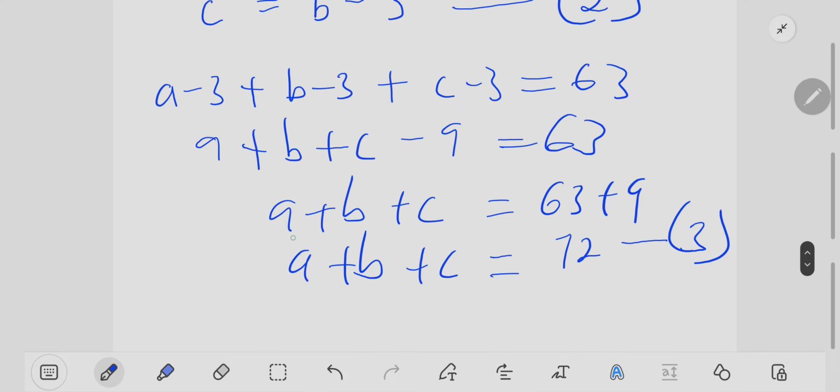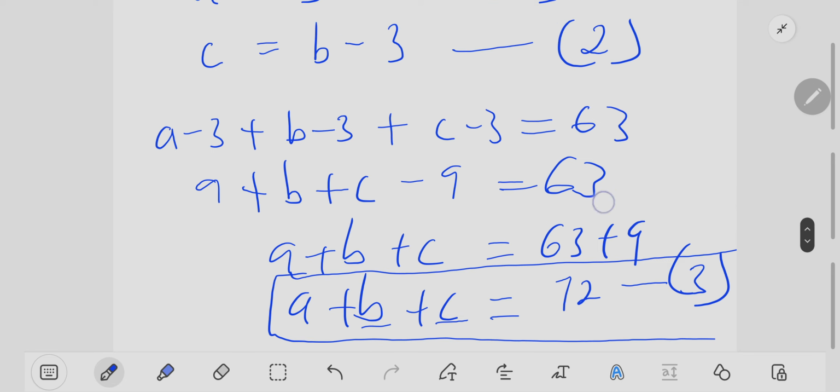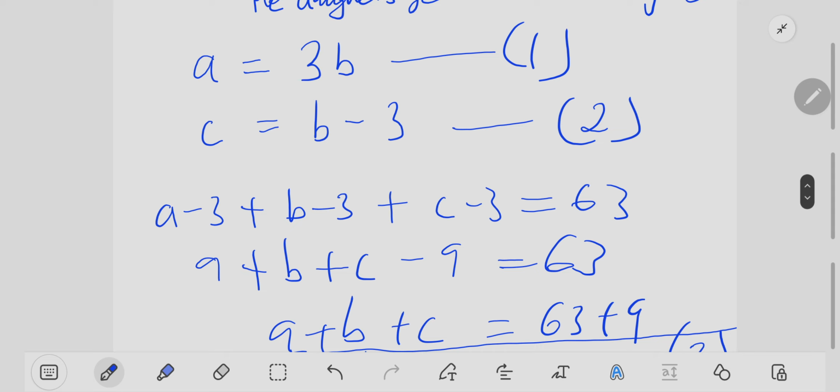We have this as our third equation, with A, B, and C as the variables. If you want to find A, we can do that by finding expressions for B and for C. So we can substitute B and C with their expressions in terms of A, if that is possible. Or better still, you solve the 3 equations simultaneously.